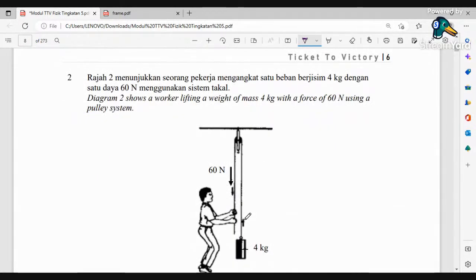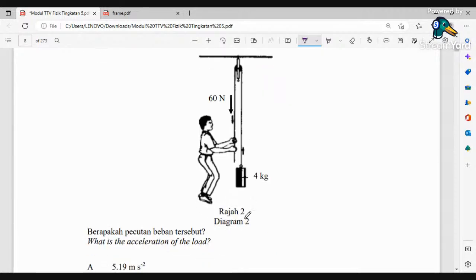Number 2. Diagram 2 shows a worker lifting a weight of mass 4 kilogram with force 60 Newton using a pulley system. What is the acceleration of the load? This 4 kg has weight which is downward 4g, where g equals 9.81 meter second negative 2, not 10.